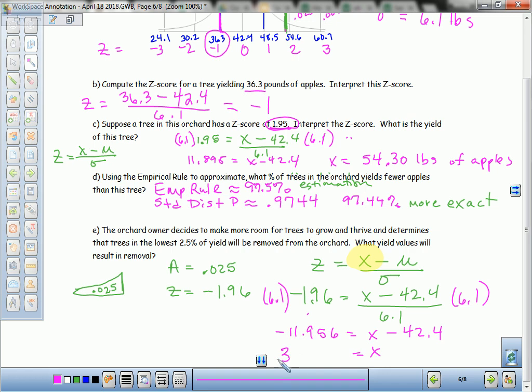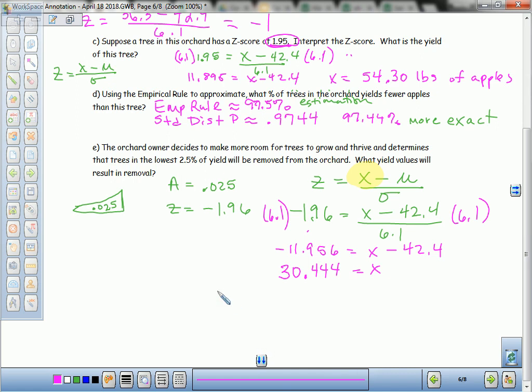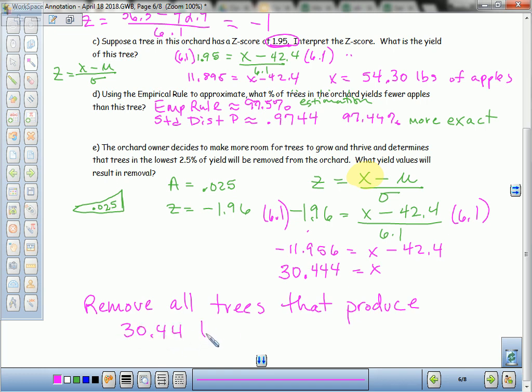And that gives us 30.444. So what would we tell the farmer? That they should remove all trees that produce less than 30.44 pounds of apples.